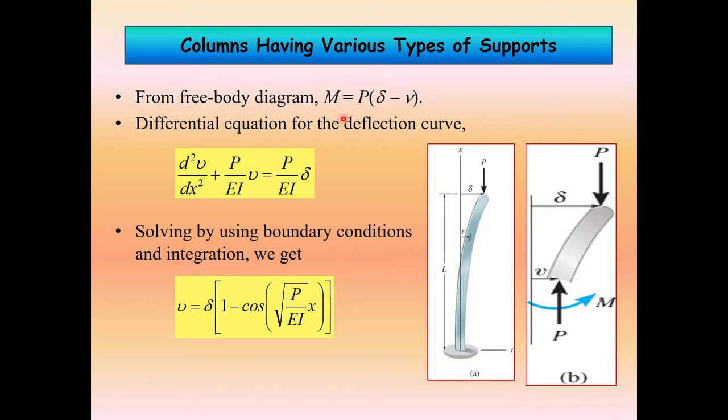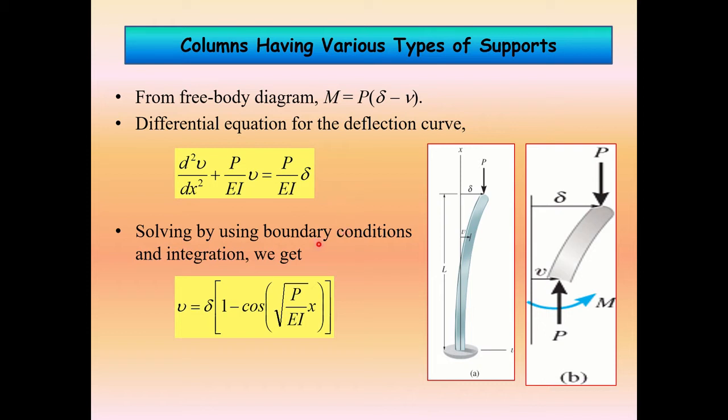From the free body diagram, moment equals P times deformation minus V, where V is the deflection on the column. This is the differential equation for the deflection curve.